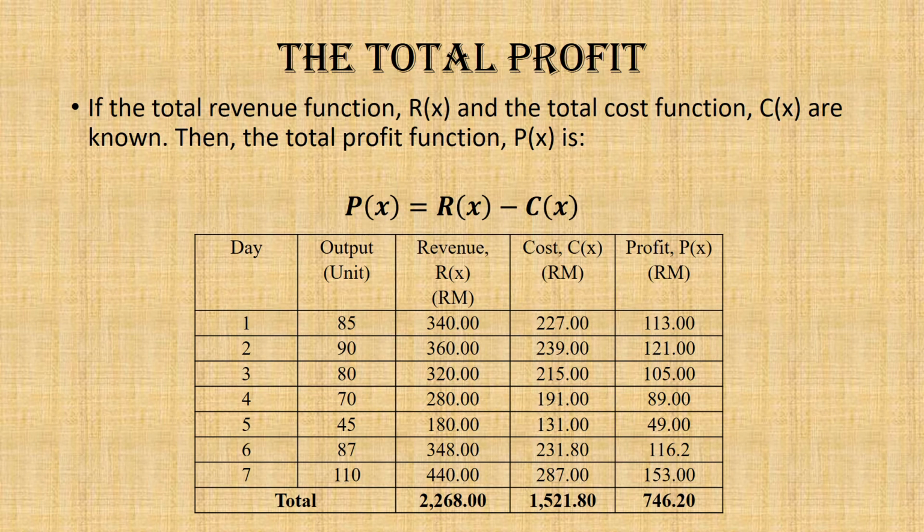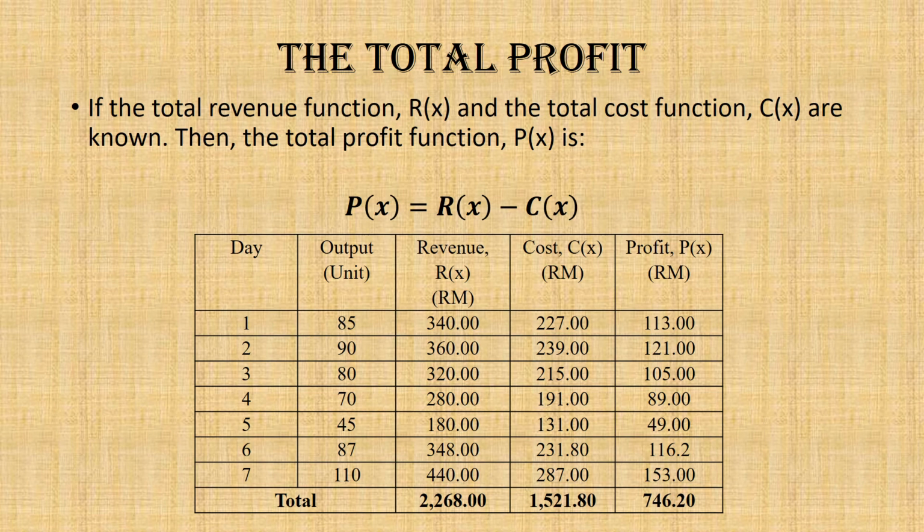Day 4, output 70: revenue R(x) is 280 minus cost C(x) 191 equals profit P(x) 89. Day 5, output 45: revenue is 180 minus cost 131 equals profit 49.